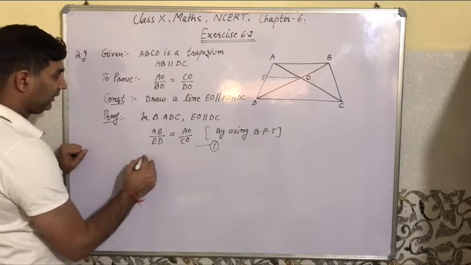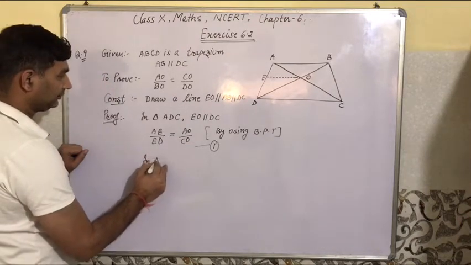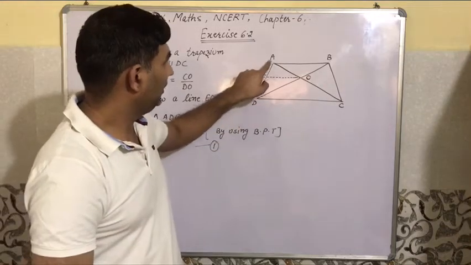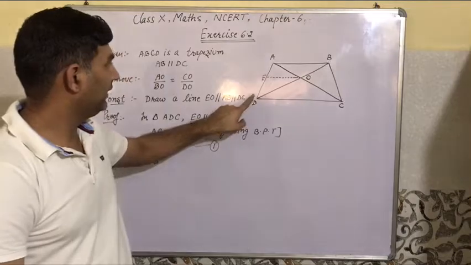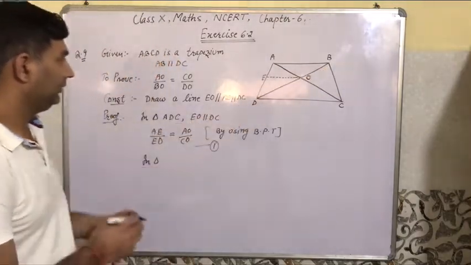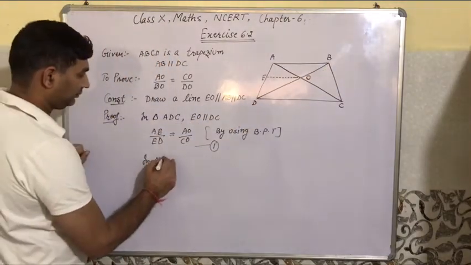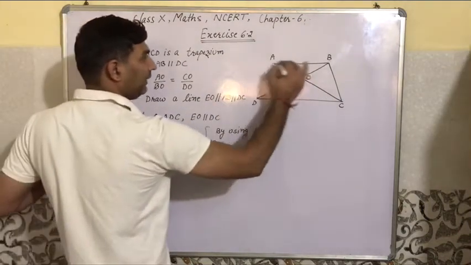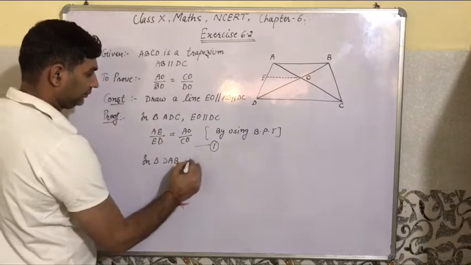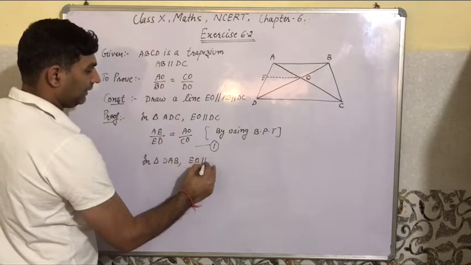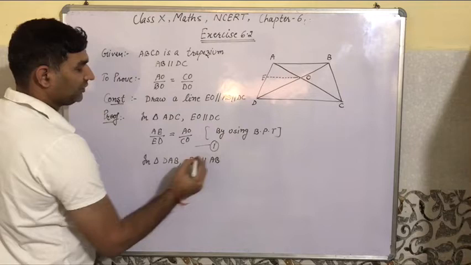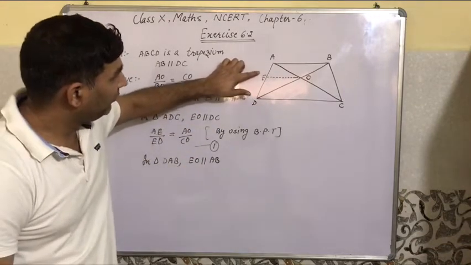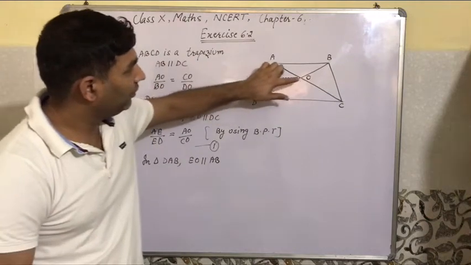And then in triangle DAB, in this triangle DAB, this EO is parallel to AB by construction, then we can write DE upon EA and DO upon OB.